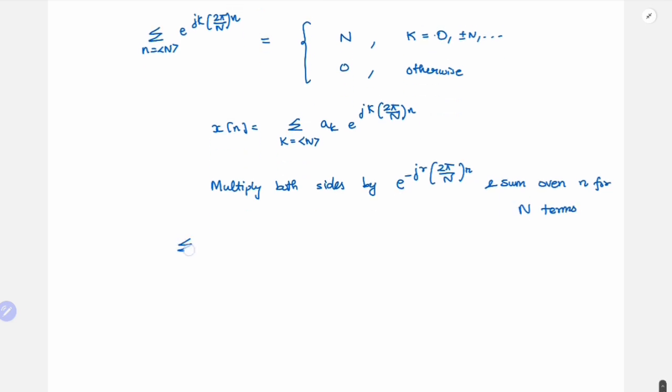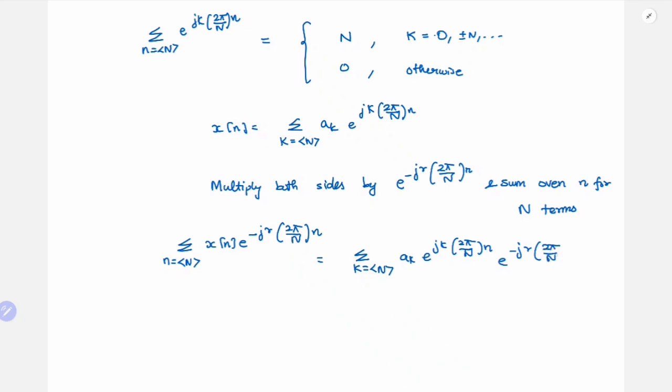Okay, so I'll have sum over n of x[n] e^(-jr 2π/N n), and on the right hand side I'll be having sum over k of a_k e^(jk 2π/N n), and I'll have additional e^(-jr 2π/N n), and summation over n.